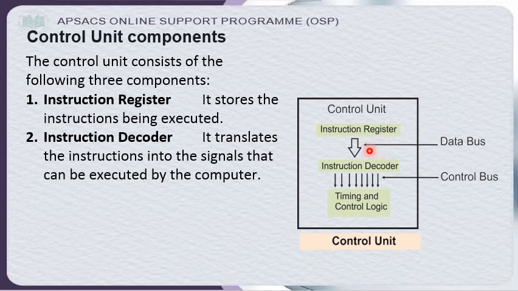So that move A will be decoded into the instruction with the help of an instruction decoder. It will convert it into zeros and ones, or the instruction format, and signals are created from that instruction and sent to the different components of a computer.